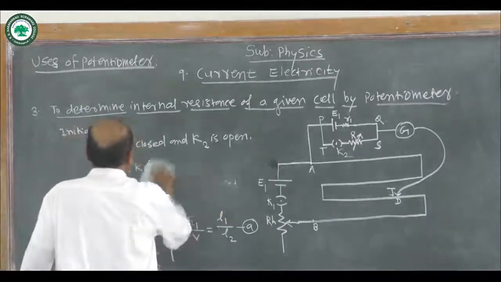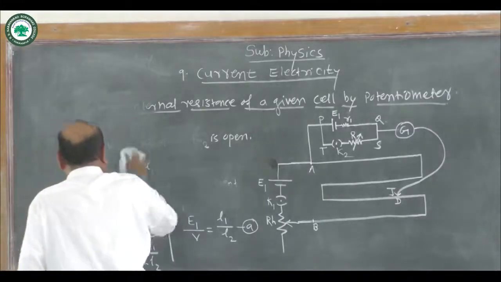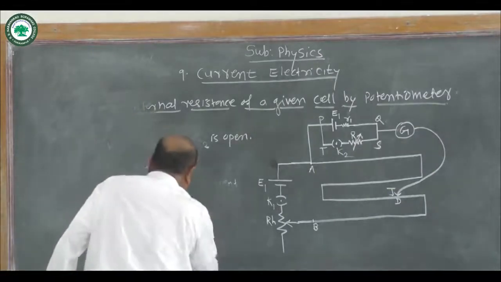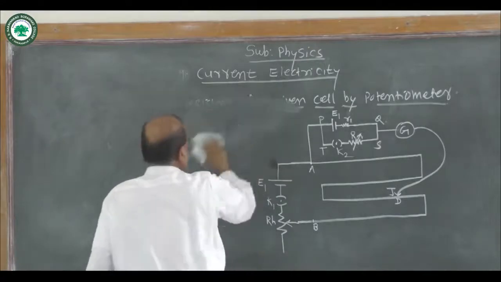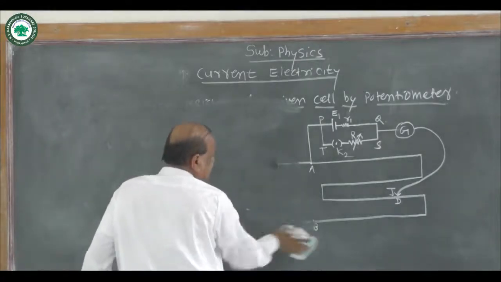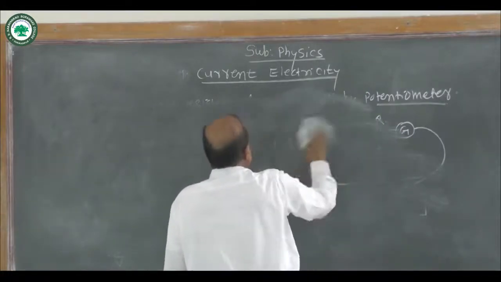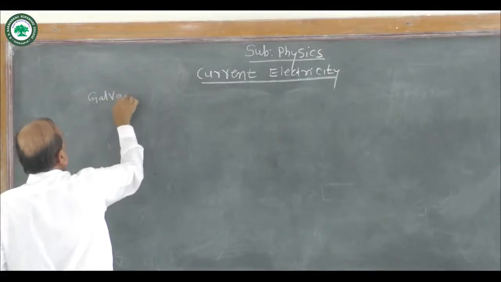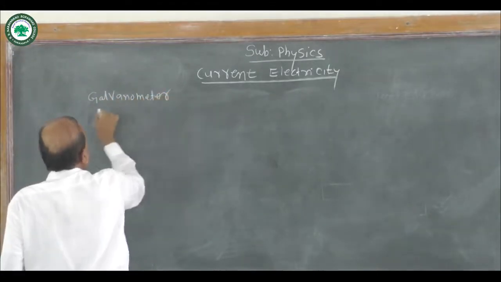Now, we have to study the next device, which is known as the moving coil galvanometer. What is the construction and working of a moving coil galvanometer?